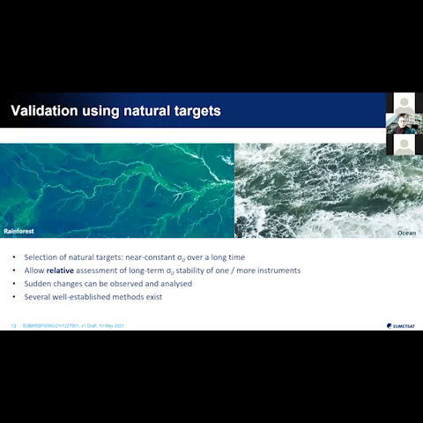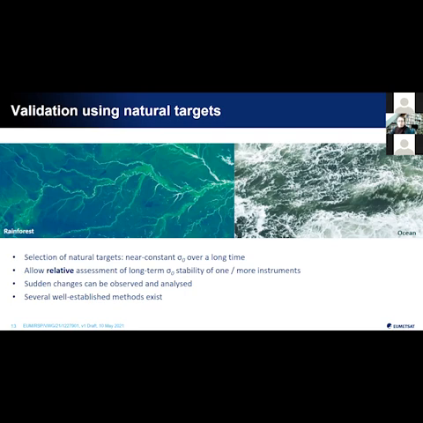So natural targets. Here we are making use of scattering properties of natural targets, which have a near constant backscatter over a long time.